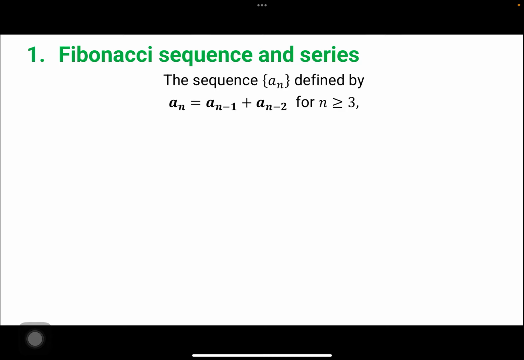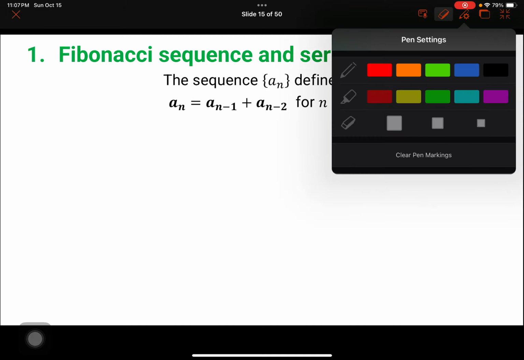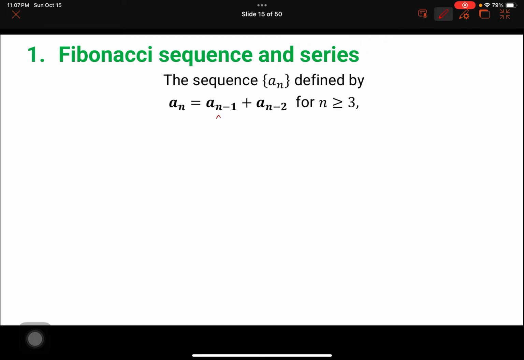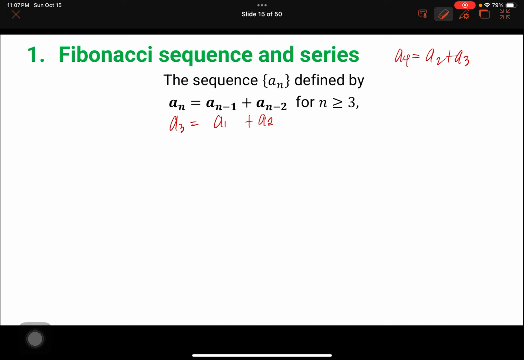Ibig sabihin, makukuha mo yung third term natin kapag yung ating sequence ay pinag-add po yung a1 plus a2. Okay, a3 should be equal kay a1 and a2. Si a4 naman, equal siya kay a2 plus a3.